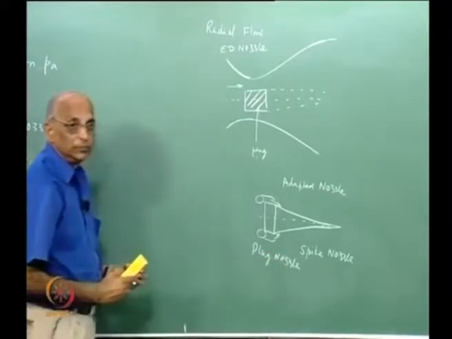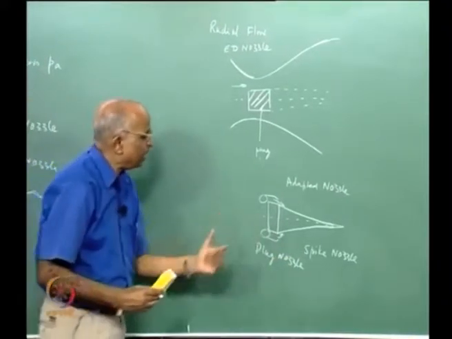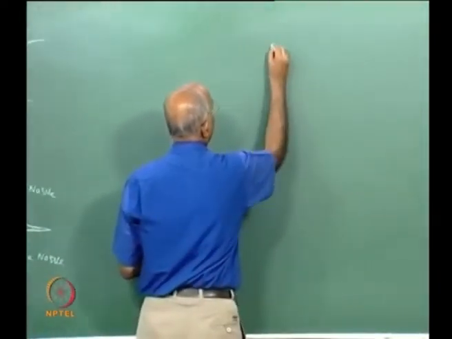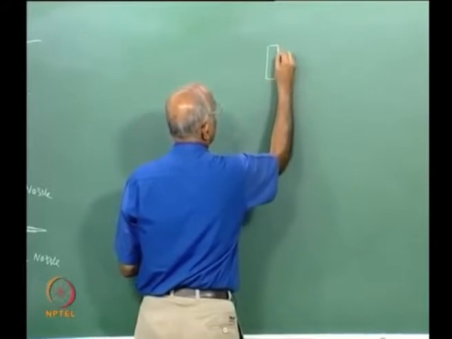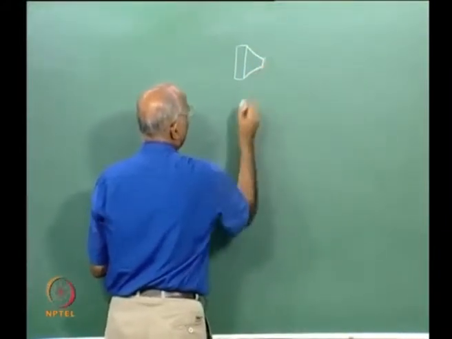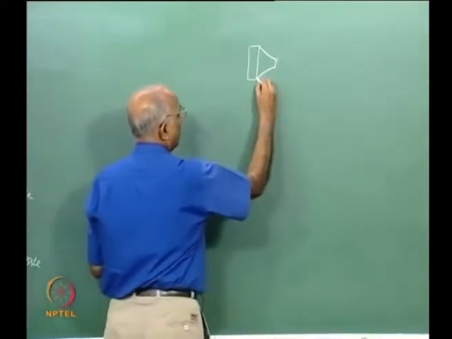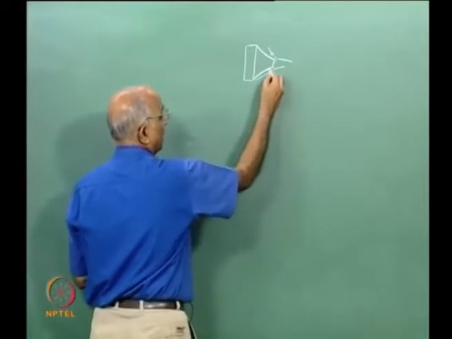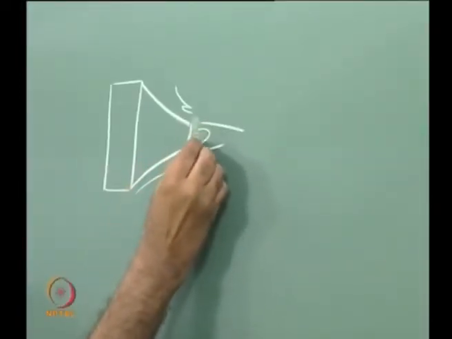I could still have some variation: this particular plug which is at the center, I could terminate it a little earlier, somewhere here, I do not allow the total spike. In other words, I have primary flow along this, I have the shock waves here and the secondary flow here, I have recirculation of base pressure here, and this becomes what we call the aerospike nozzle.